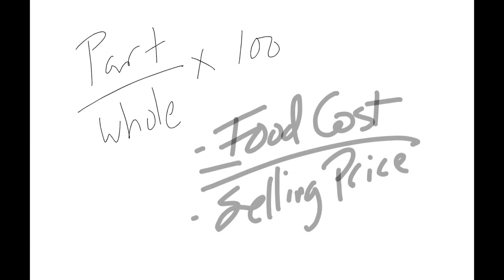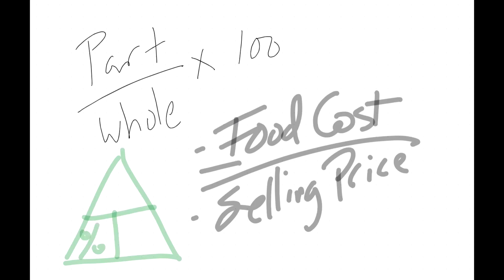I can also use that triangle in the example of the part over the whole, and the percentage stays on the bottom. The part, which is up on top, would be the edible portion, and then on the bottom is our as purchased, how much we purchased.